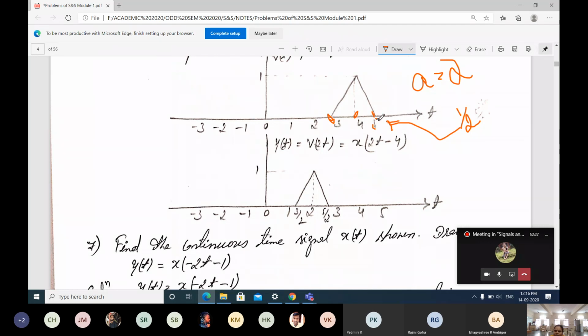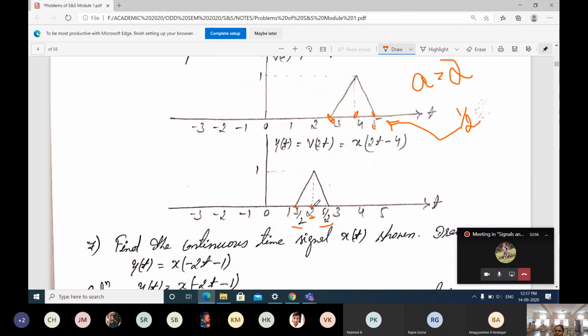What is the variable? 5 into 1 by 2 is 5 by 2, that is 2.5, in between 2 and 3, right? Then 4 into 1 by 2 is 2. Then 3 into 1 by 2 is 1.5, that is 3 by 2.